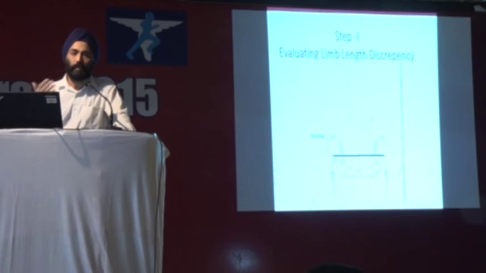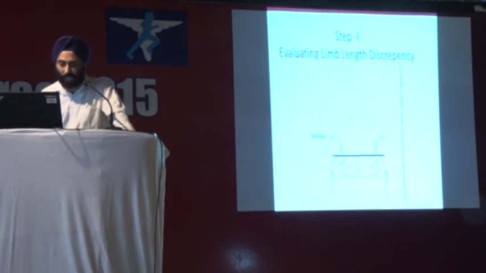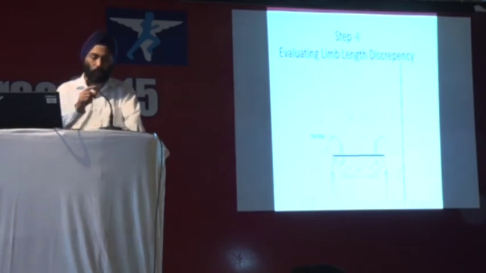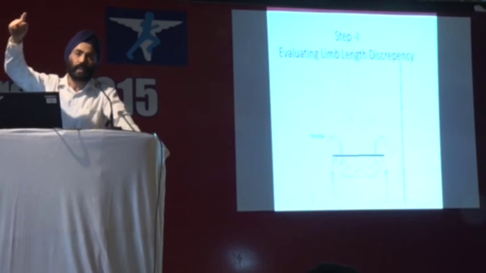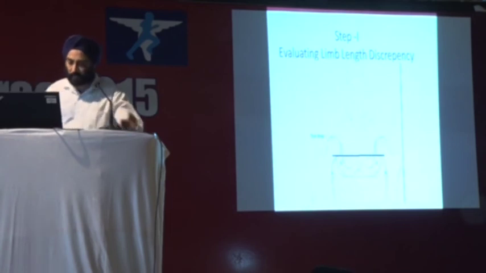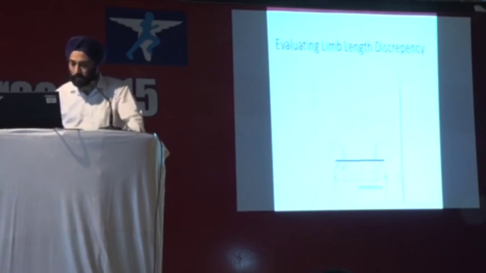First step in a femur is to evaluate a limb length discrepancy. Most of these patients have a shorter leg and you have to evaluate limb length discrepancy. So how do you evaluate a limb length discrepancy on an X-ray? Draw a line which connects both the teardrops. You have already defined teardrops by drawing Shenton lines and a Kohler's line and the point where the teardrop is being formed. Join a line on both the sides which joins the teardrops, number one.